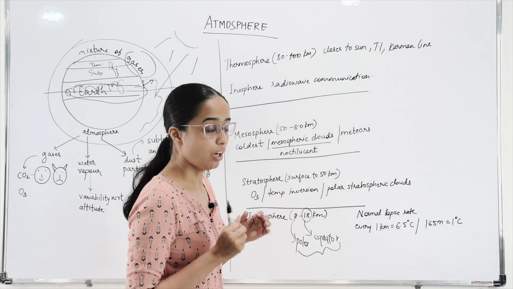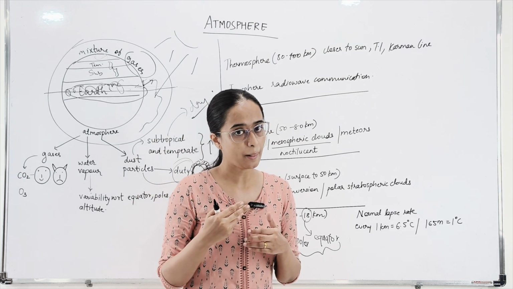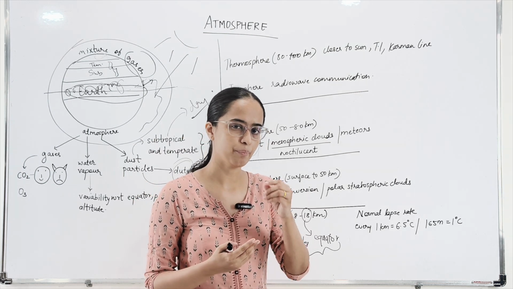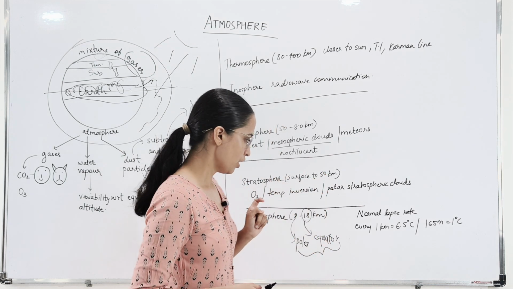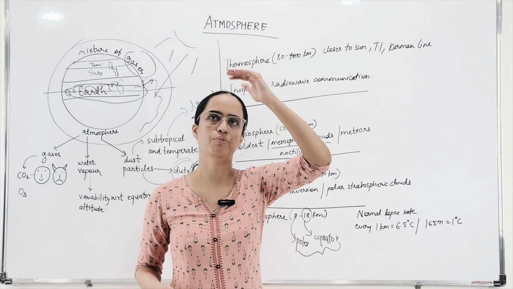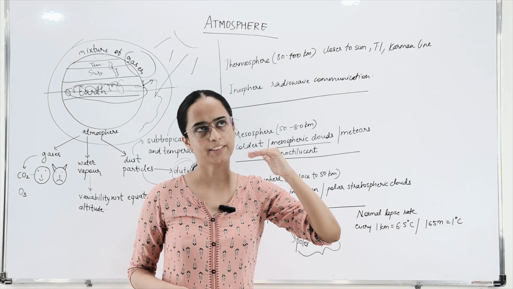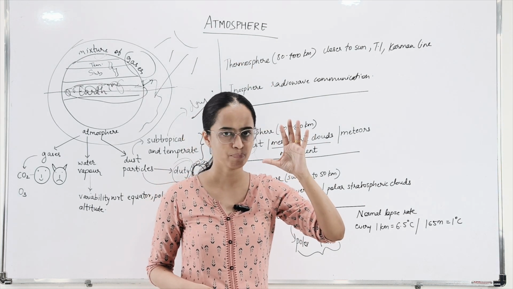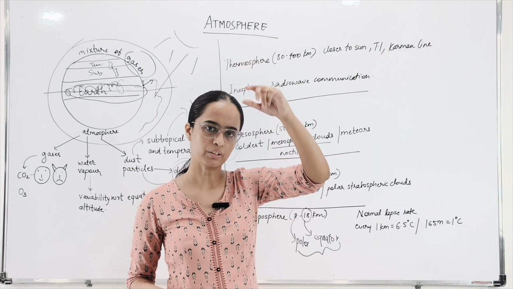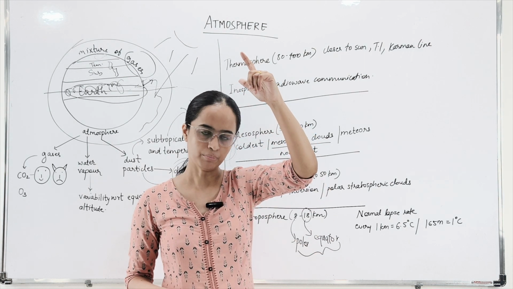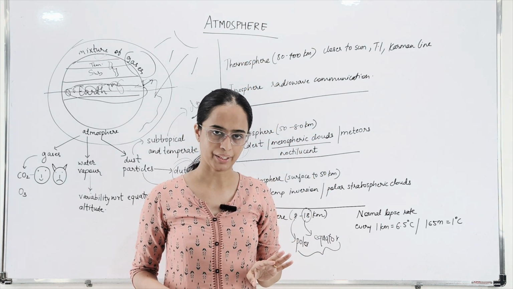Now, we are also going to learn different phenomena in each of these layers. Normally we know that as you move upwards, just try to remember a mountain. As you climb up the mountain, as you move up and up and up, the temperature goes on decreasing, right?